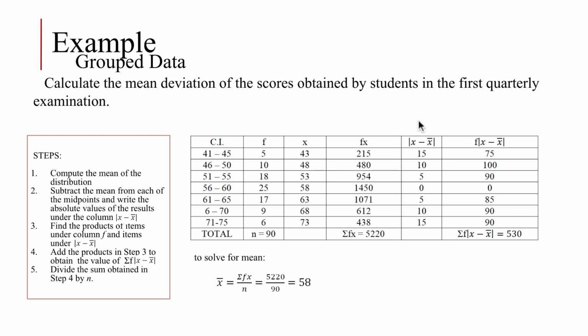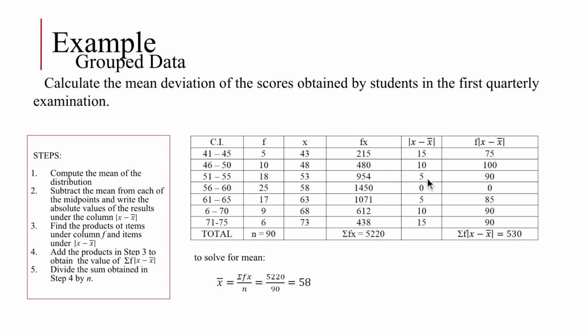Next to that, we will have the column x minus mean, the absolute value of x minus mean column. To get this, you will have 43 minus 58, and the absolute value of that is 15. Next, 48 minus 58 is equal to negative 10. The absolute value of that is 10. 53 minus 58 is negative 5.